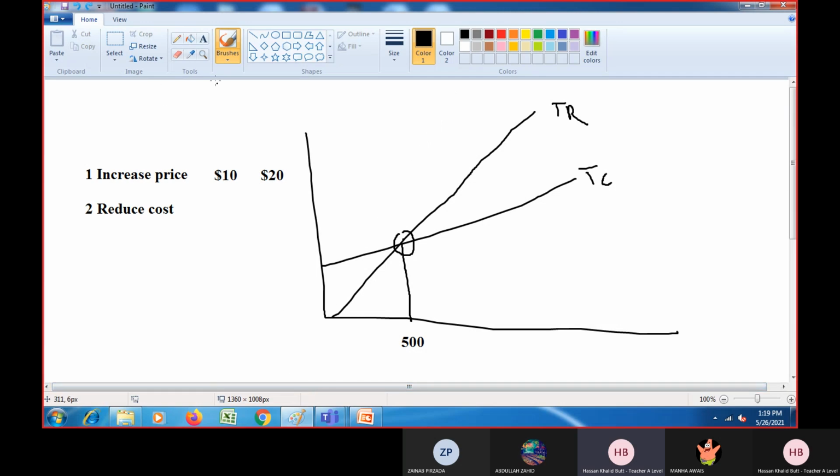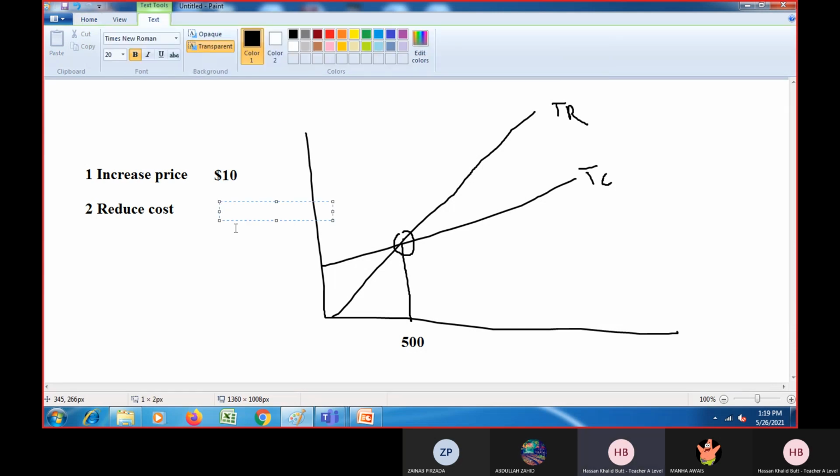All right, now let's say we do not change the price, we reduce the cost. Let's say cost is $5, and you try to reduce it some way or the other.